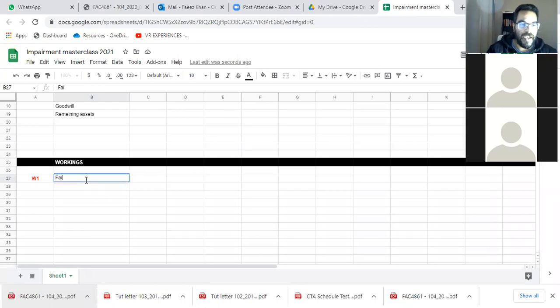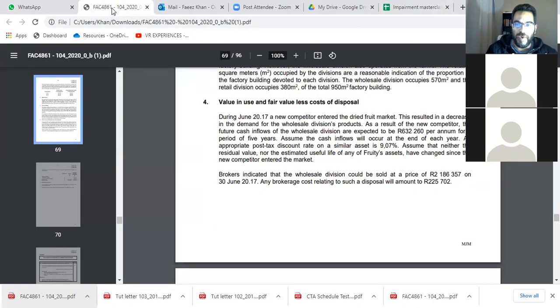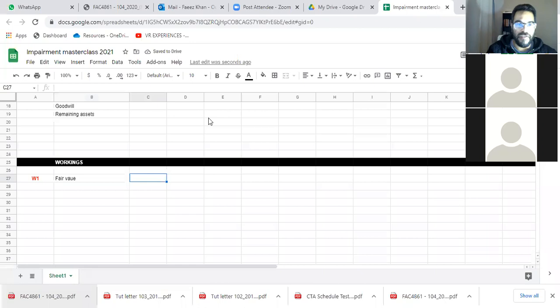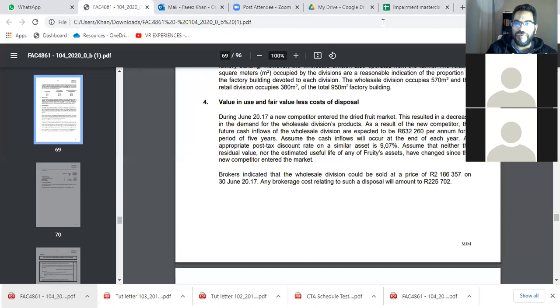So we will say fair value was 2,186,357, and cost of disposal was given to us as 225,702.